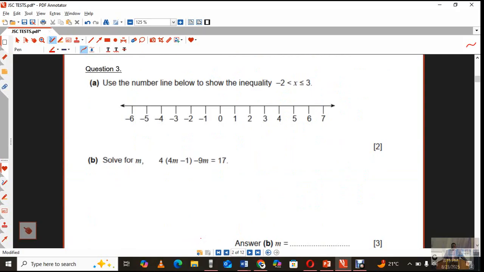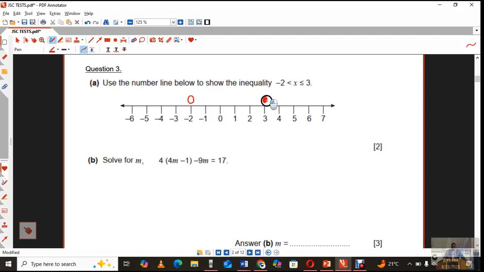Right, use the number line below to show the inequality. So the inequality is a number that is greater than -2. So anything greater than -2, of course, maybe I should indicate that because it's greater than -2, -2 is not included, but then 3 is included.